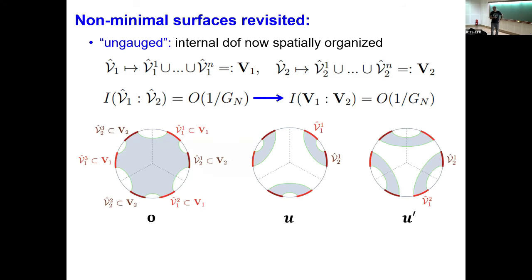And so the pictures that I've shown you before may take forms like this. This is the O geometry, or the O phase, where in fact it encloses the center of the space, which is where the conical defect would have been. And then here are various U phases. In fact, they involve various disconnected components. So there's a symmetry here, but there's one entanglement wedge.